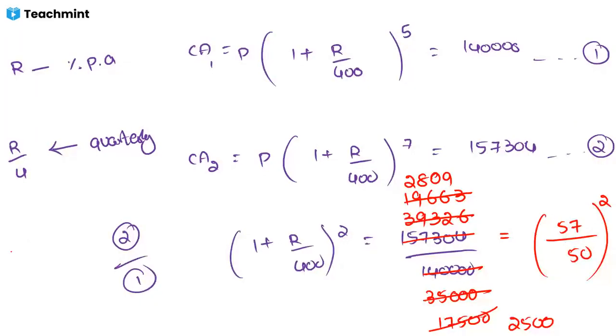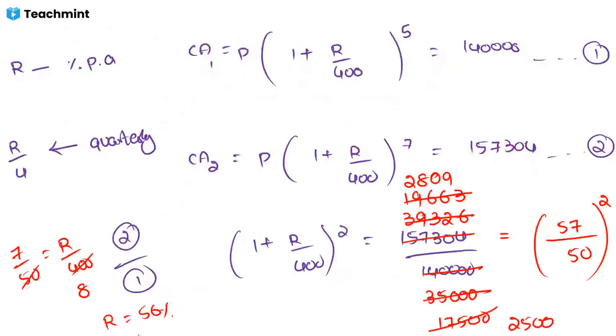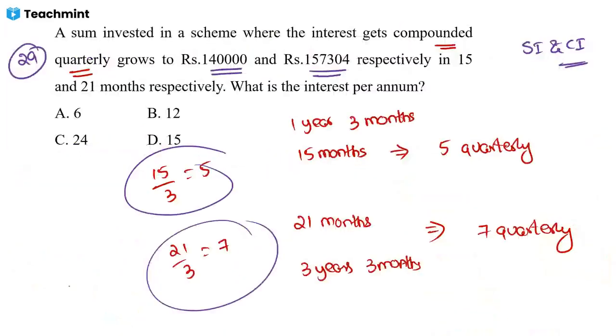So I can say 7 by 50 is nothing but r by 400. R is 56. Rate of interest we got is huge. Rate of interest 24. Or R is now, if this is 100, that is 14 will come.